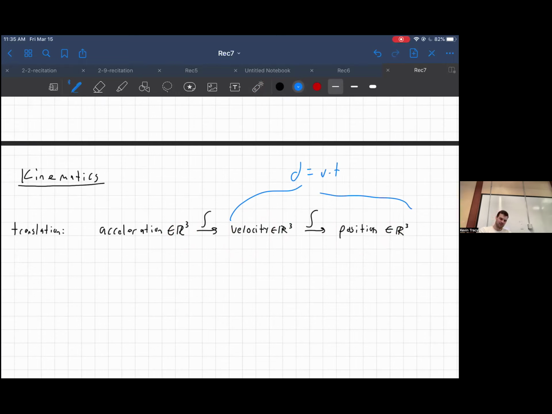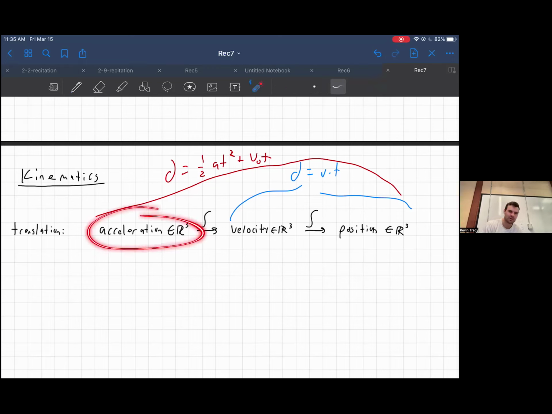And then this is our classic d equals 1/2 at squared plus vt. So we've done these things before and we know that we can take translation as an R3 vector and just integrate it up to get velocity and then get position. And now let's talk about what we do for attitude.